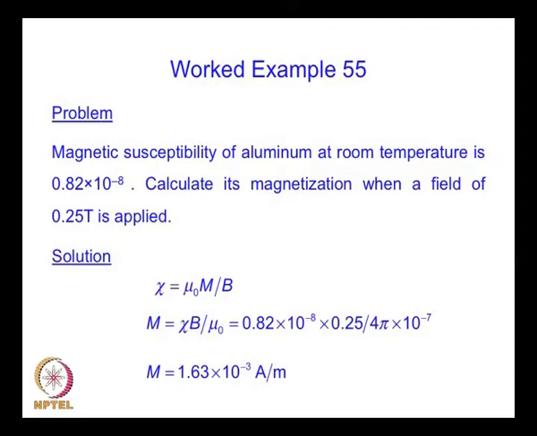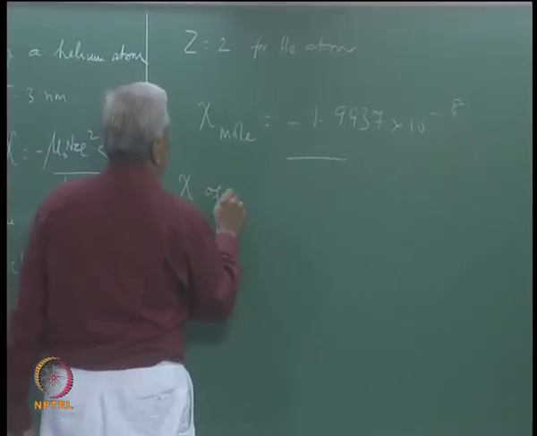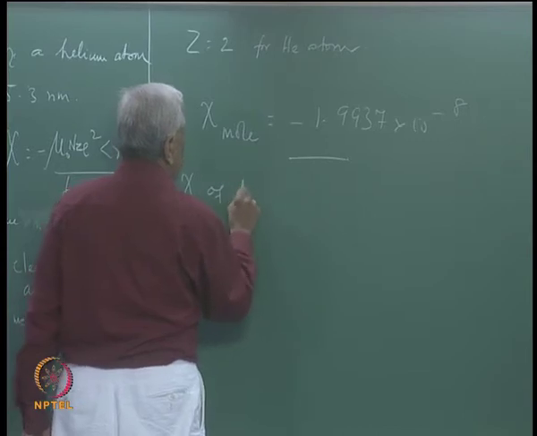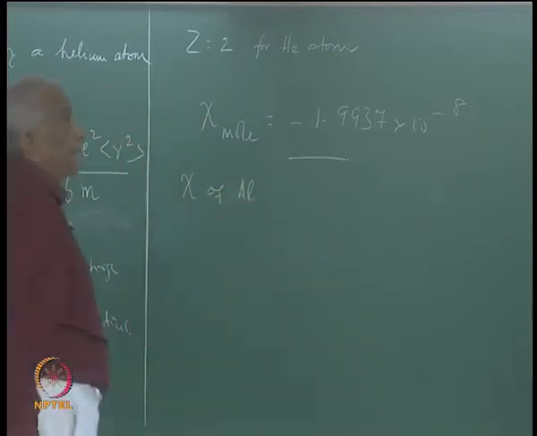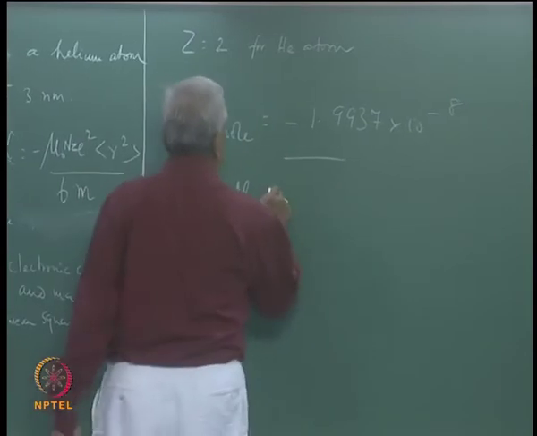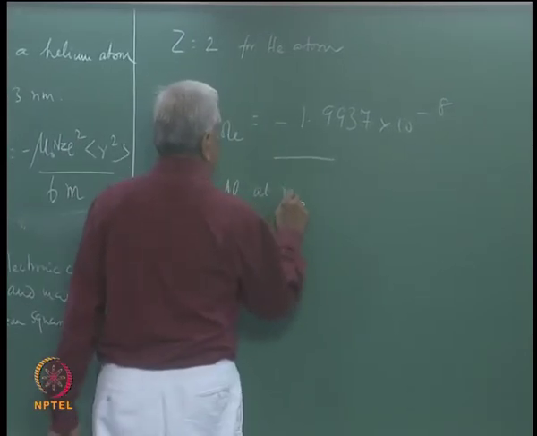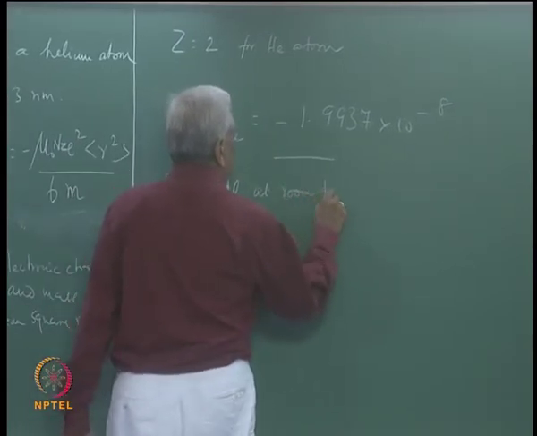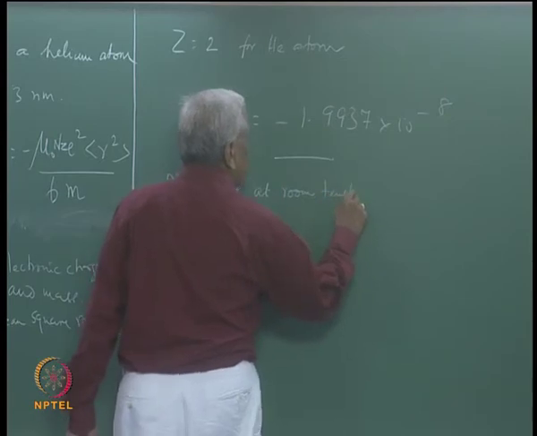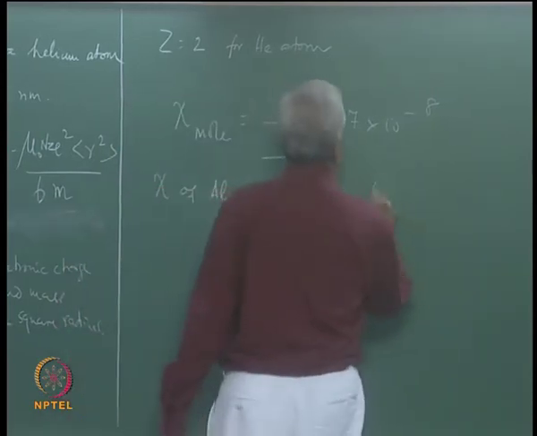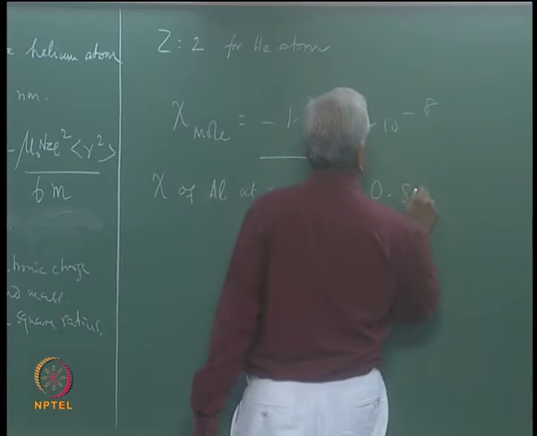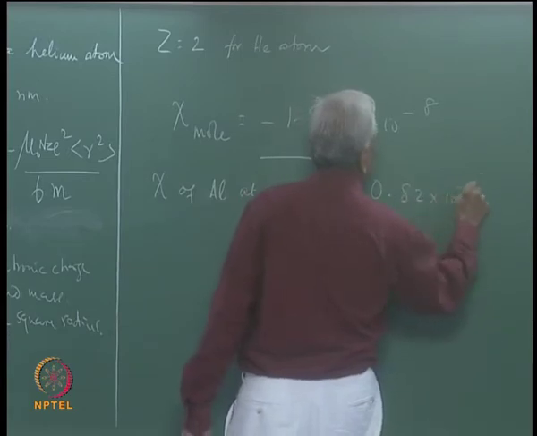Next, we are asked to calculate the susceptibility of aluminum at room temperature. Now, we have been given the susceptibility at room temperature as 0.82 into 10 to the power minus 8.